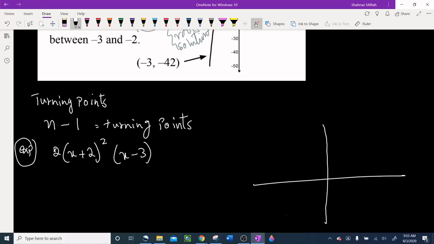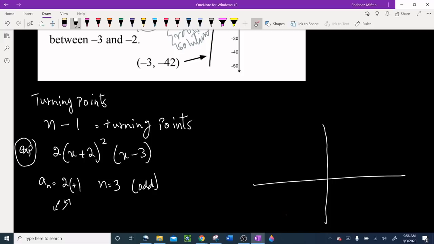The leading coefficient, a n, is 2 and it's positive, and my degree is 3, which is odd. If you guys remember, if your degree is odd, then it's going to fall left and rise right, and you can go up there and check in the beginning of the video, where I told you guys to memorize this.